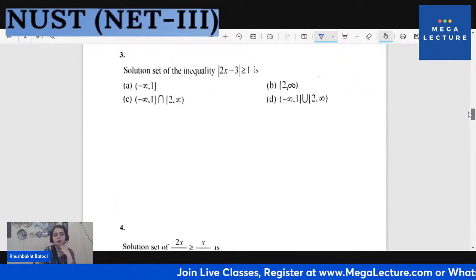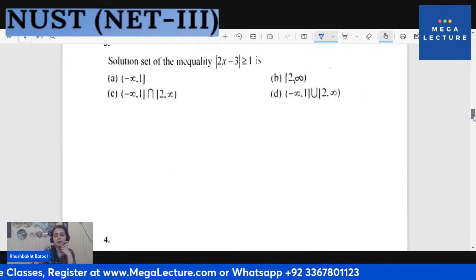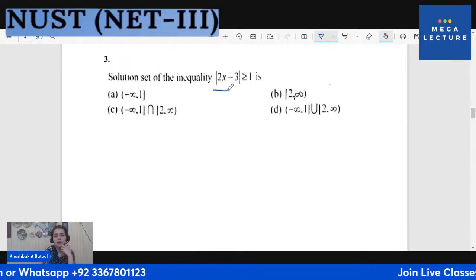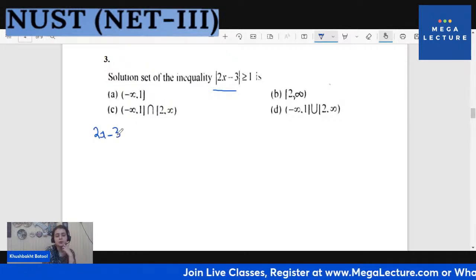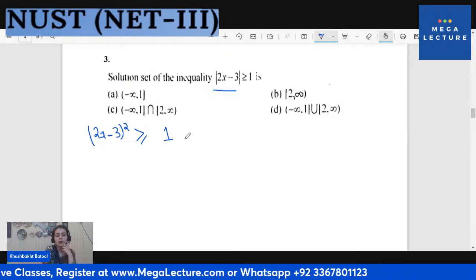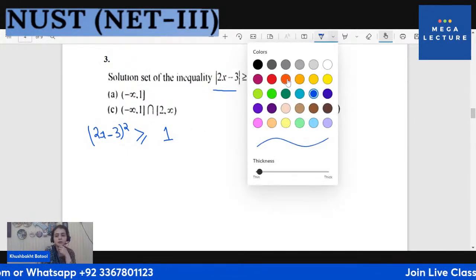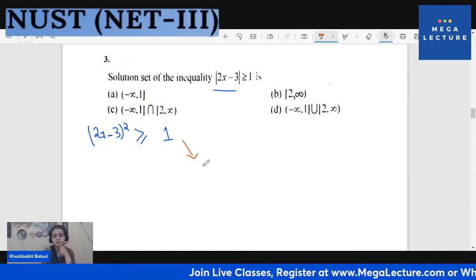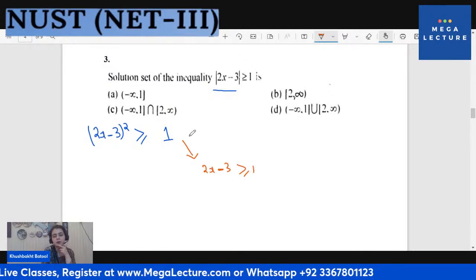Okay, let's talk about the third question now. Here it is. Now again we have an inequality and it has mod. So I can write it as (2x minus 3) squared greater than or equal to 1, and I'll convert this one inequality to 2x minus 3 greater than or equal to 1.